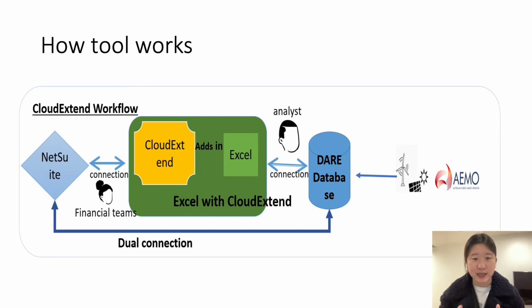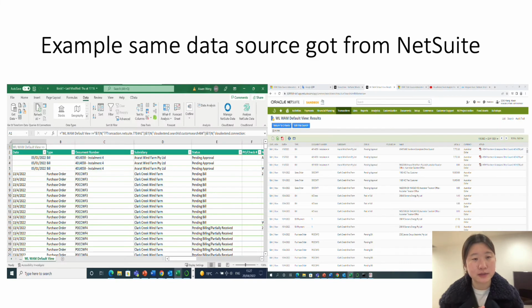But that analyze data one did not work, so I had the idea of using Cloud Extend as a middleware to build this connection. And here is an example of how it works. We can access NetSuite data on the right hand side successfully through Cloud Extend and download the data into Excel.